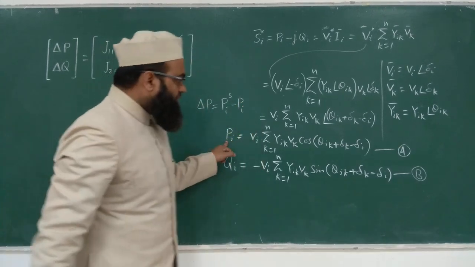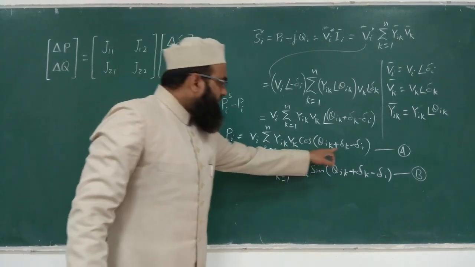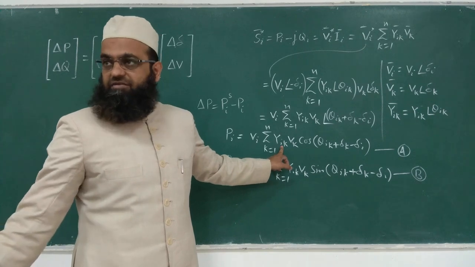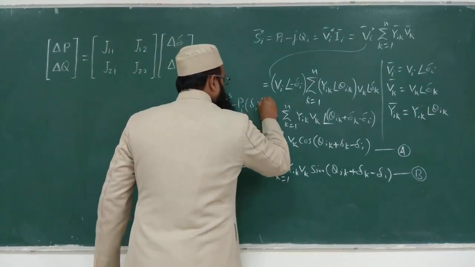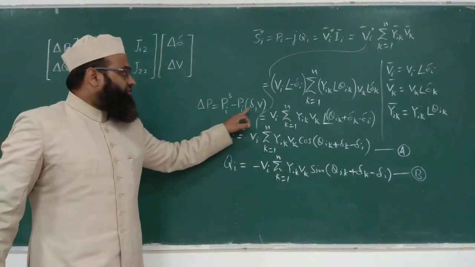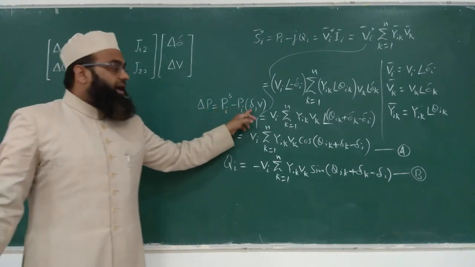This Pi is a function of delta and V. This is not a variable. Yik is not a variable. That is a fixed element of the bus admittance matrix. So Pi is basically a function of delta and V. This is constant. This is a function of delta and V. It means del P is a function of delta and V.